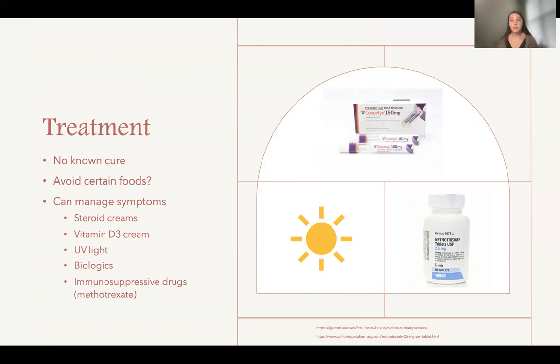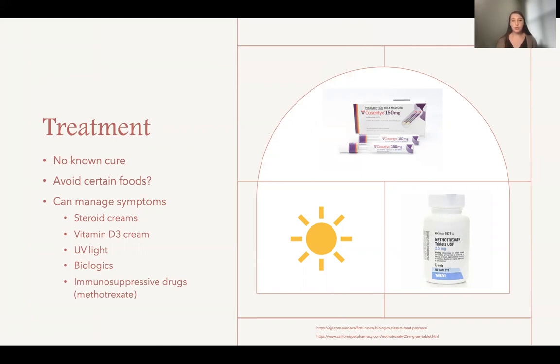These include steroid creams, vitamin D3 cream, UV light, biologics, and then immunosuppressive drugs. These immunosuppressive drugs can have very harsh side effects though, and UV light from the sun is a great way to lessen the severity of the symptoms of psoriasis.